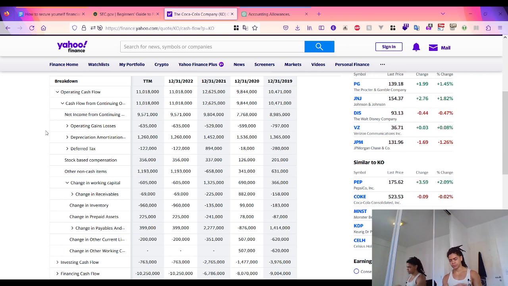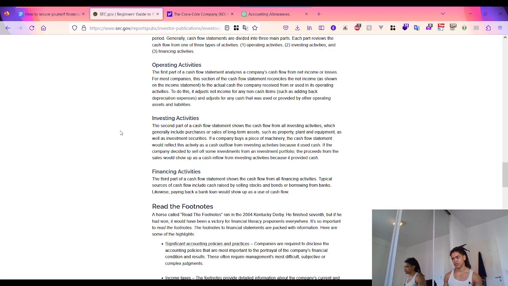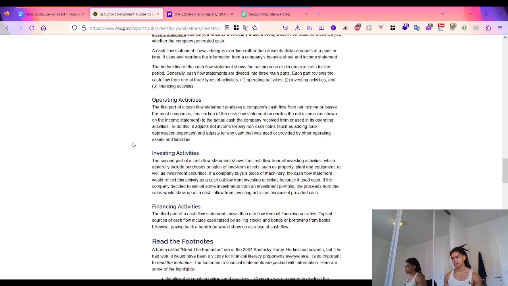and adjusts for any cash that was used or provided by other operating assets and liabilities.